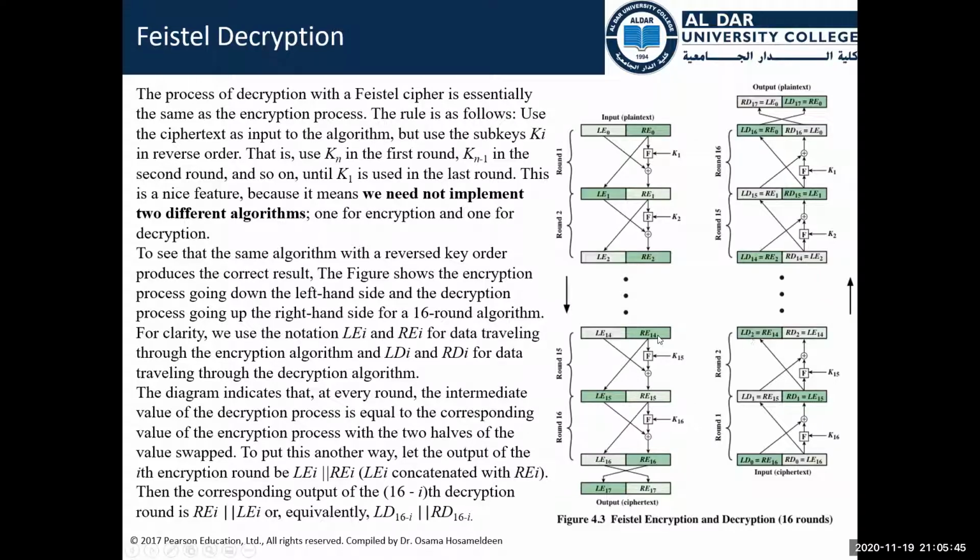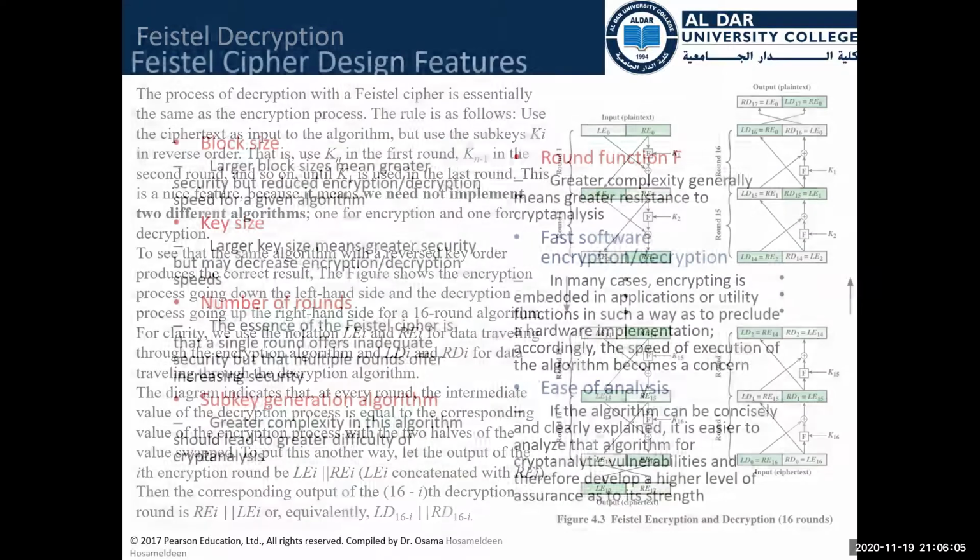They are exactly the same bits. This means that the Feistel encryption decryption algorithm is reversible. We can use the same algorithm in encryption and decryption. And that's what I'm going to prove in this lecture.